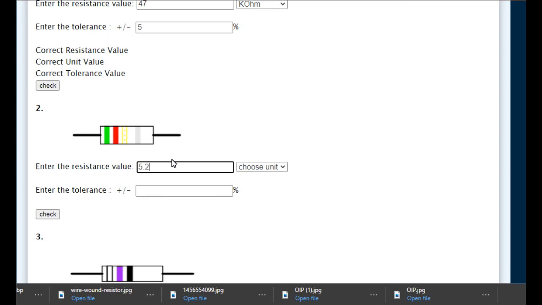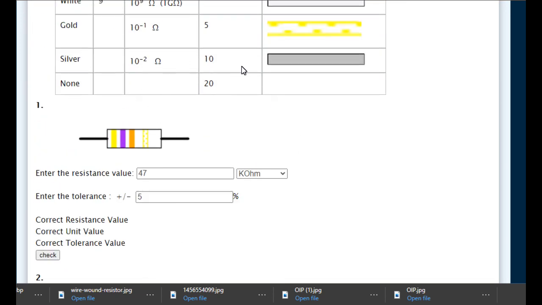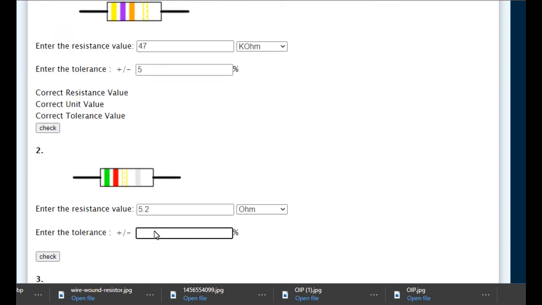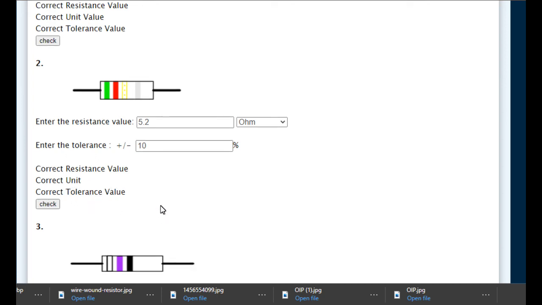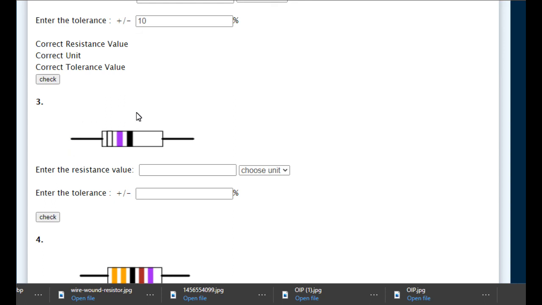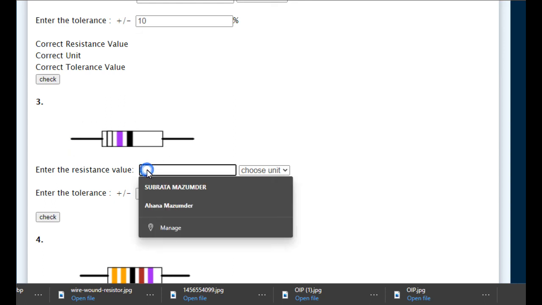Choose the unit as ohms, and enter the tolerance value. This is a silver band, and silver means 10%. Type 10 here and check. This is also correct. All 3 parameters are correct: resistance value, unit, and tolerance. So in this way you have to check all of these.